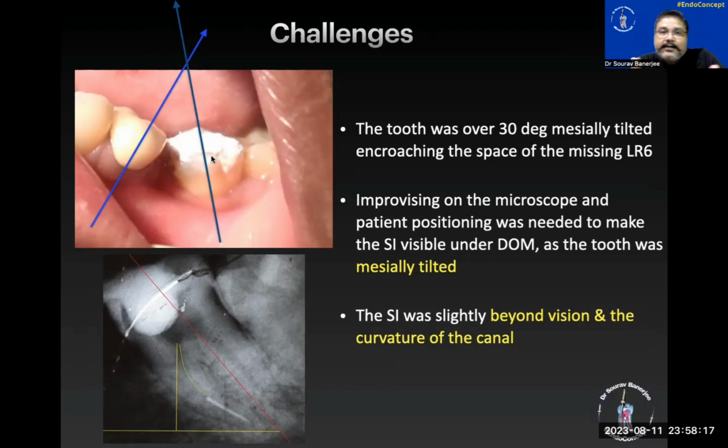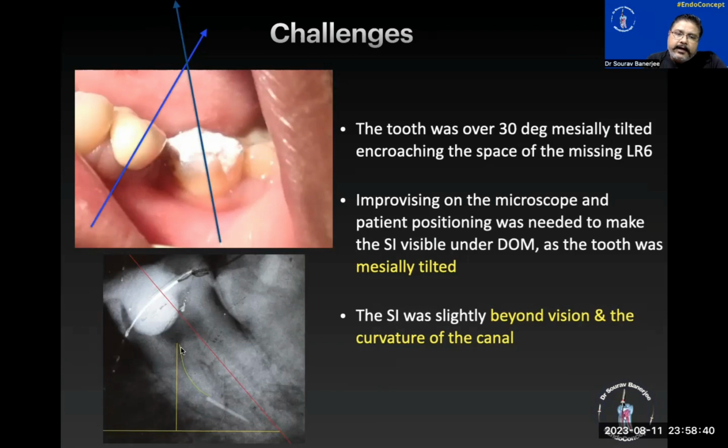Since the tooth was 30 degrees mesially tilted, we had to improvise on the patient position and the microscope position to nullify the mesial tilt and be able to view that segment in the operating mirror. We also did a small amount of radiographic evaluation.